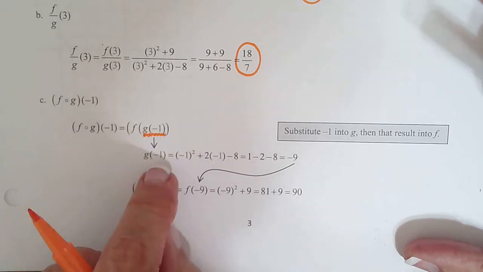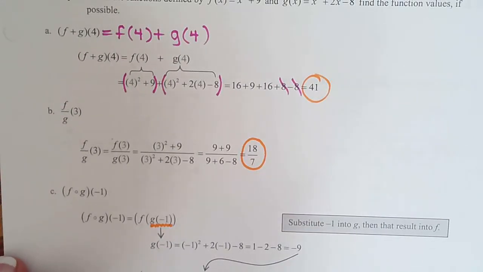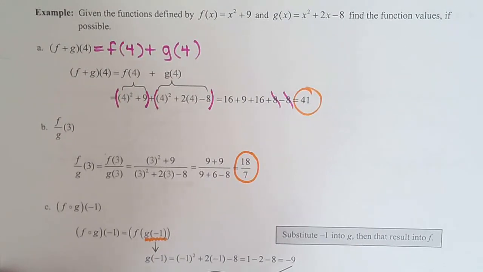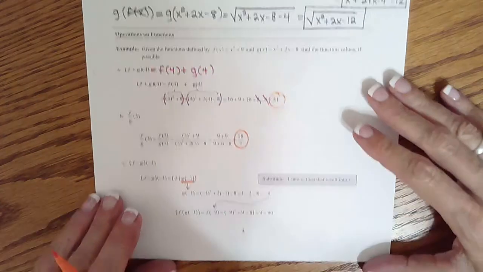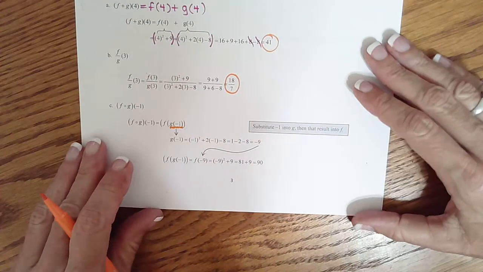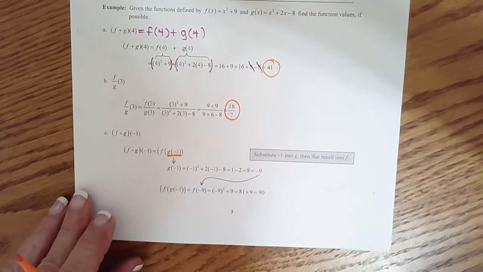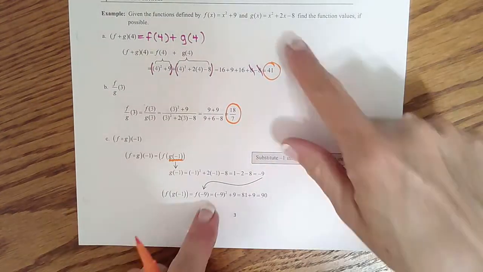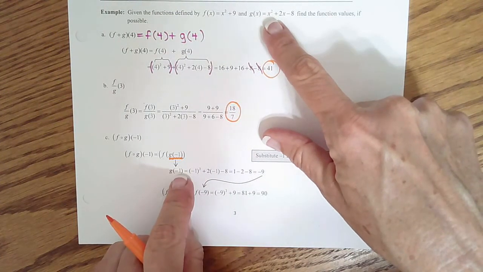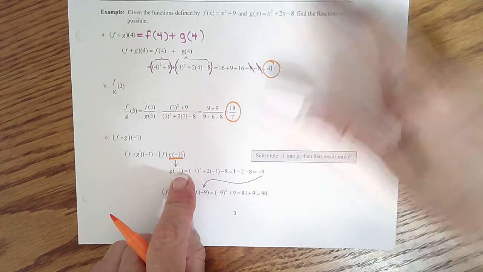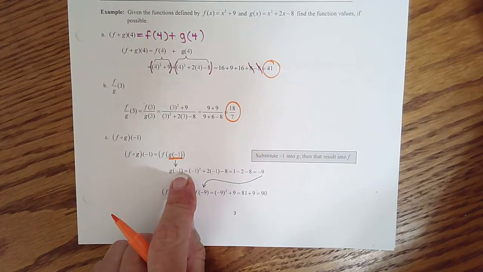So let's go up here. So g of -1, I'm going to make this small again. So g of -1 would mean go here and because we're plugging in a negative value, remember it does need to be in parentheses.